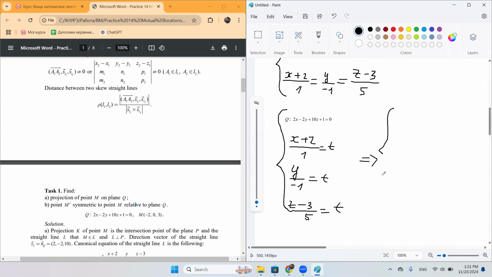So what we will receive finally: x equals t minus 2, y equals minus t, and z, yeah, z not t. I will erase it and write correctly. So z equals 5t plus 3.